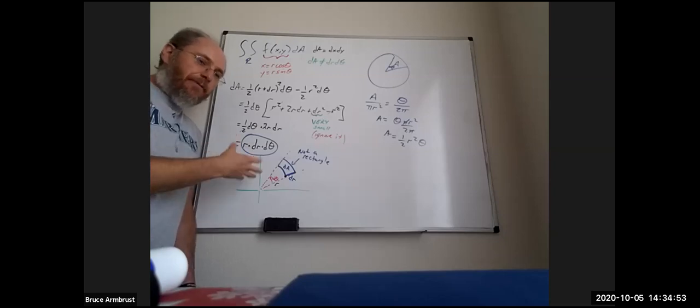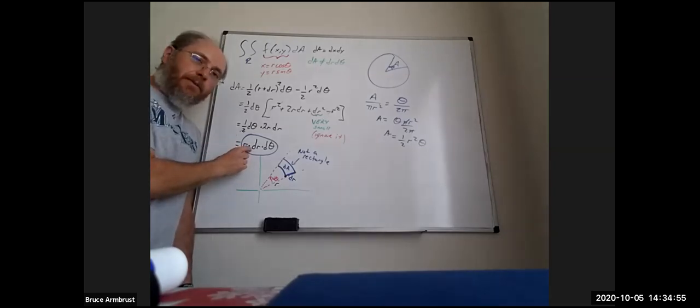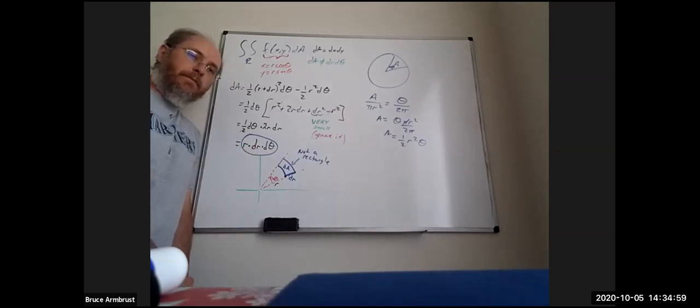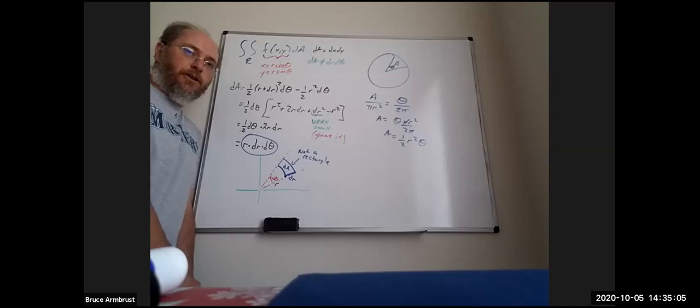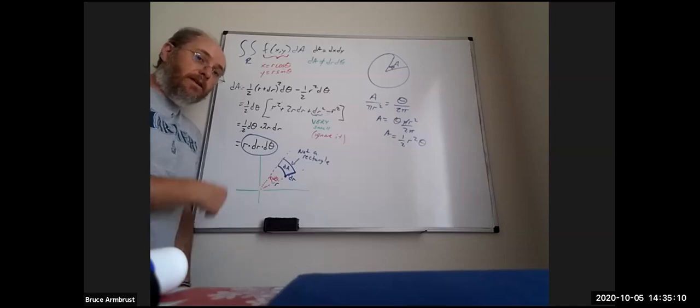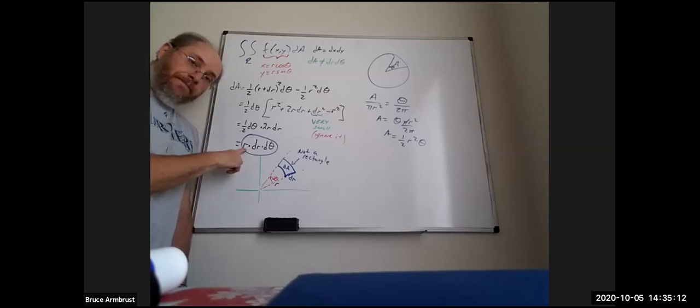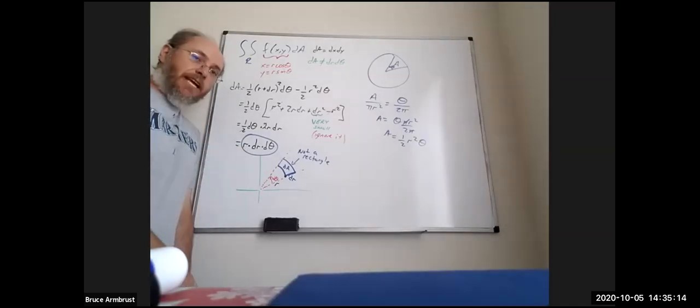It's called a Jacobian, the name for an element that we end up multiplying in when we do a transformation to a different coordinate system. So we're going to see Jacobians pop up again. In fact, there's a whole section where we'll calculate Jacobians given specific transformations. But in the case of polar, that Jacobian is R. So we always have to change that area to R dr d theta.